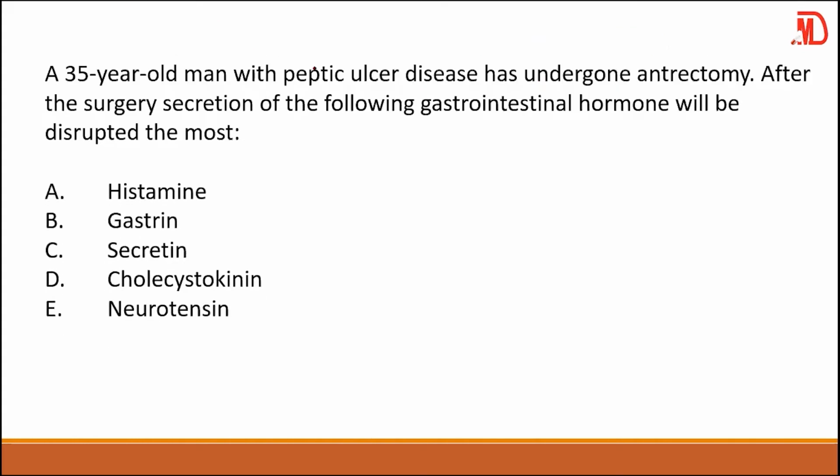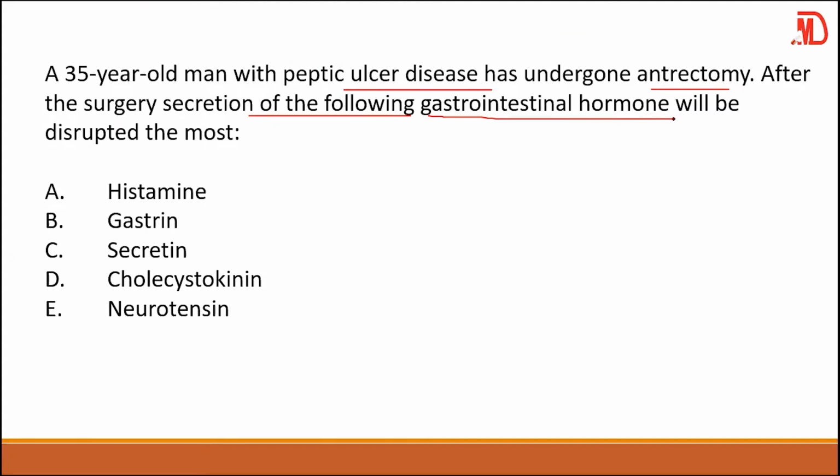A 35-year-old man with peptic ulcer disease has undergone antrectomy. That means the antrum part of the stomach has been removed. Now, after the surgery, secretion of the following gastrointestinal hormones will be disrupted. So the question is, when you remove the antrum, which is the lower third of the stomach, what happens?